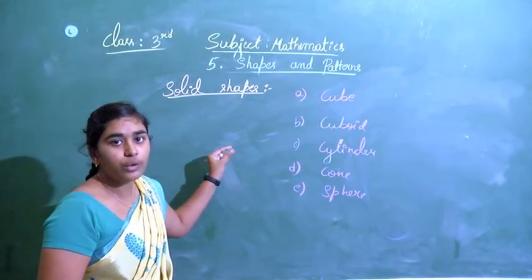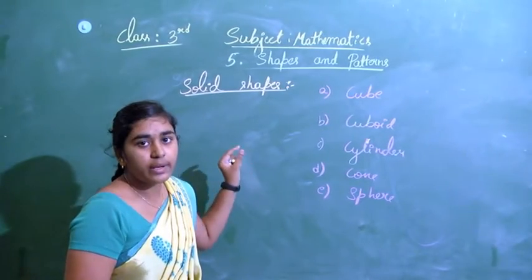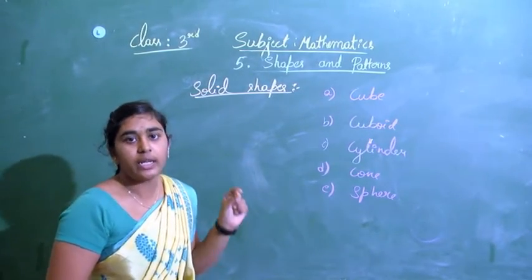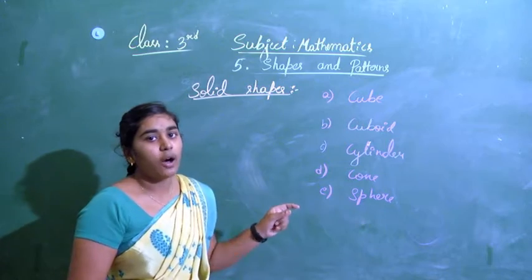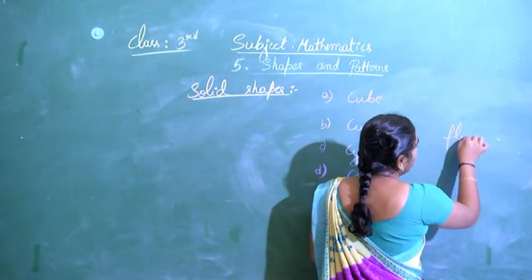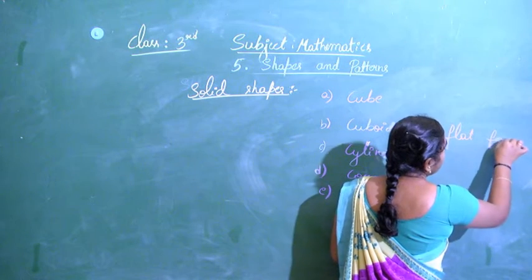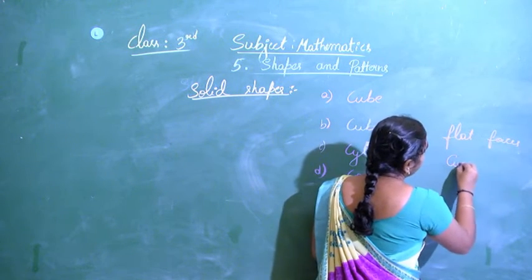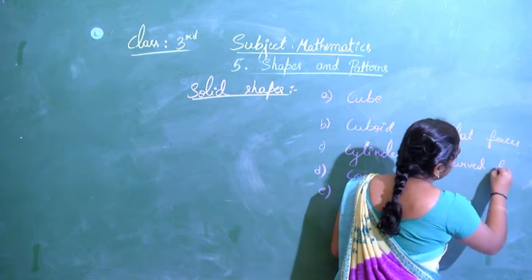You already know how to draw, and you need to recall how many edges are there, how many corners are there, and how many sides. Even you need to say how many flat faces and how many curved faces.